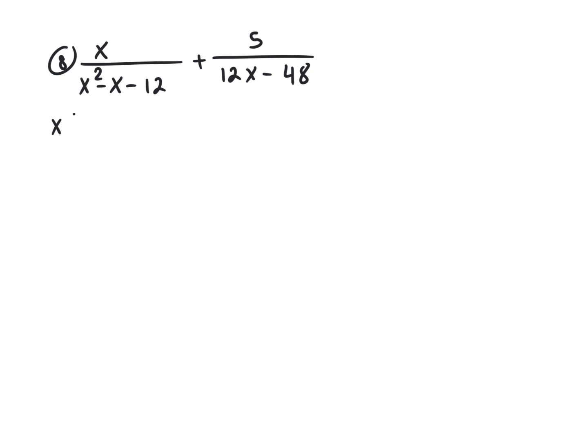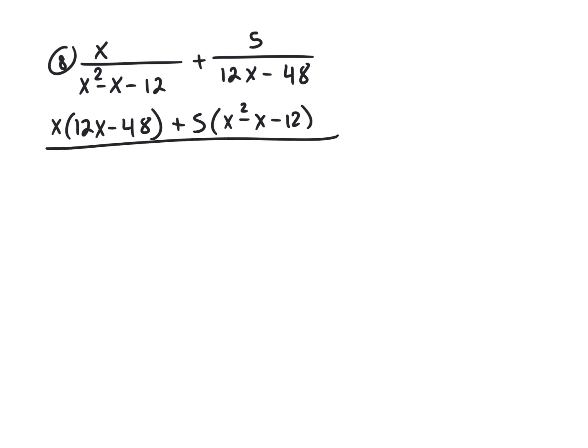So I'm left with x times 12x minus 48 plus 5 times x squared minus x minus 12, over x squared minus x minus 12 times 12x minus 48.